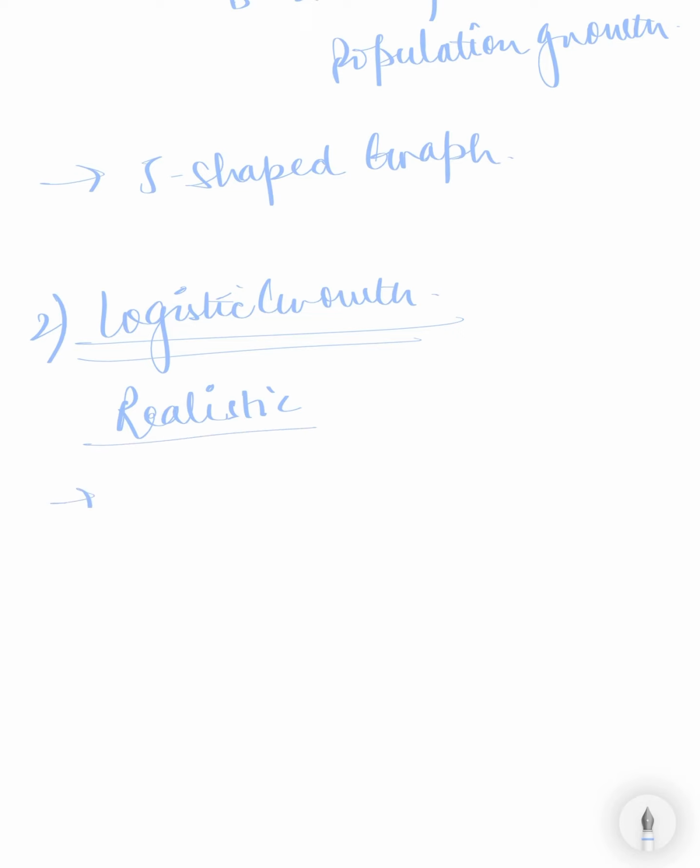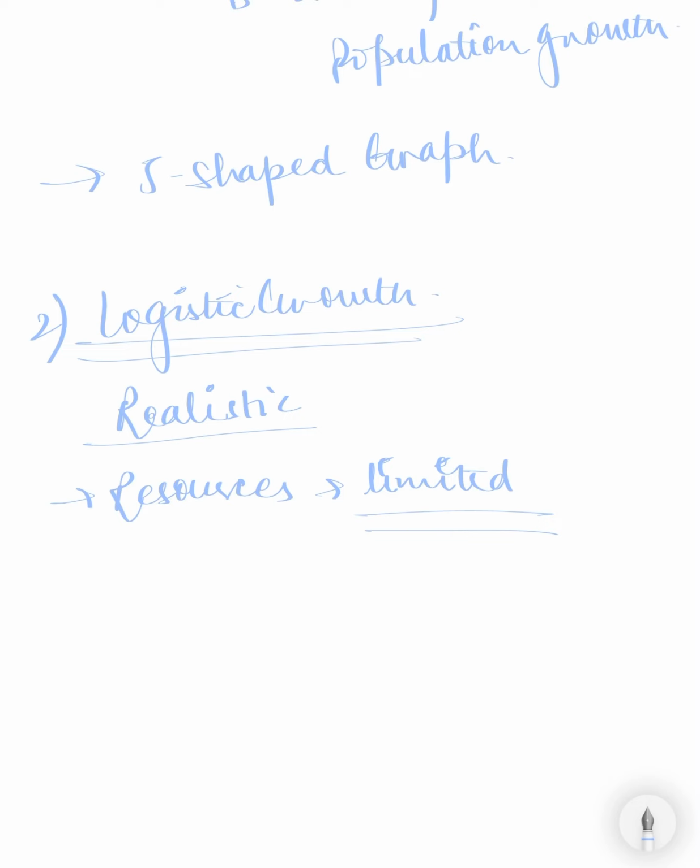The resources are not unlimited in nature, as we were told in exponential growth. It is more realistic. So it tells us that no population can grow exponentially in the environment.